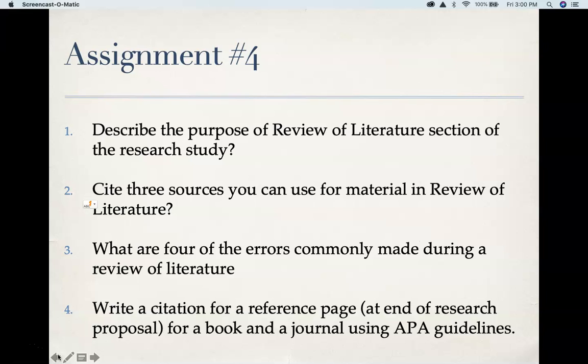So what I have decided to do is that we will just do assignment number 4 here together on the screen, and I will take that out of your list of required things to turn in. It will not affect your grade point average one way or the other, and that'll take a little bit of stress off of you, I hope, anyway. You know, grad school is stressful enough as it is.